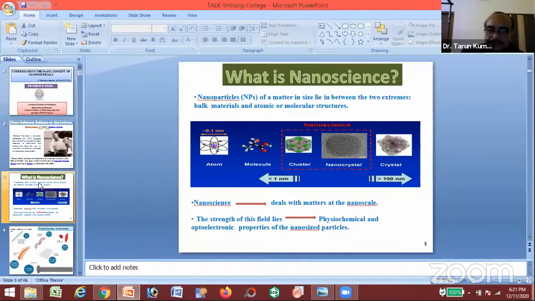It is in the nano range. As we know, atoms and molecules are less than 1 nanometer. And the different types of crystals that we can observe are greater than 100 nanometer, and then the bulk material. So in between this, that is the nanomaterials we can see. That is in the nanometer range.